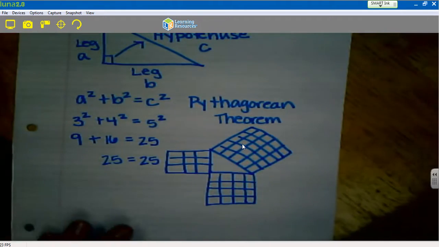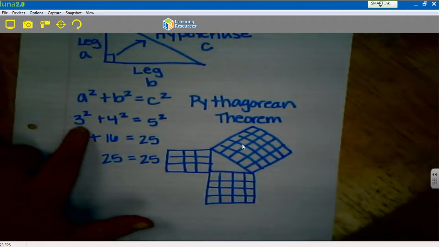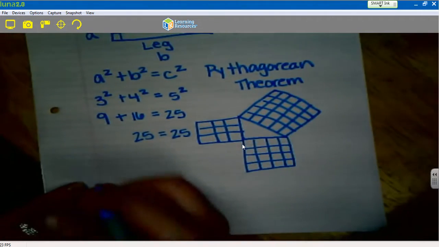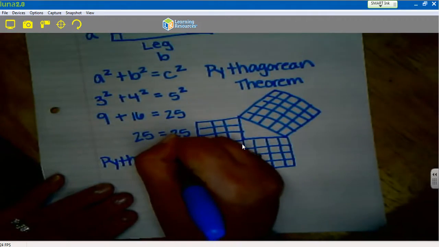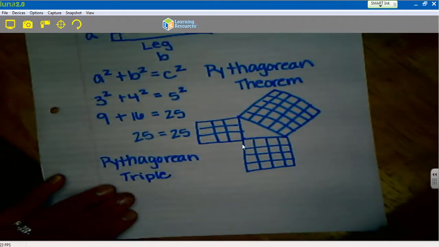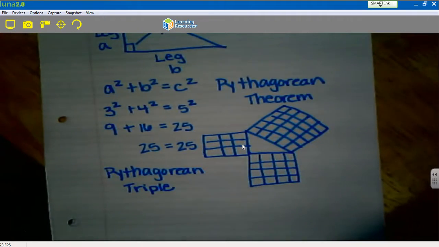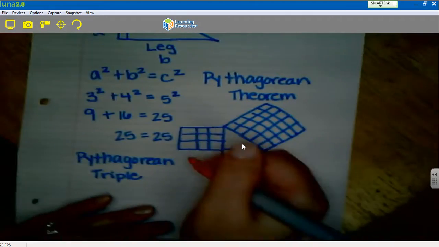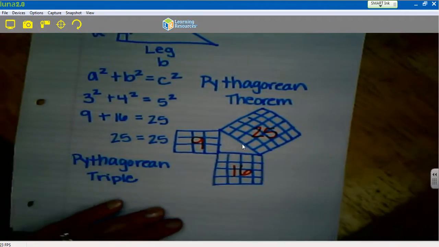So when we do, in fact, have a squared plus b squared is equal to c squared, and all of our values, a, b, and c, are nice whole numbers, we call that a Pythagorean triple. And the 3, 4, 5, that's probably the most common Pythagorean triple, the one that we're most aware about. So again, what we've done here is we've got 9, 16, and 25.